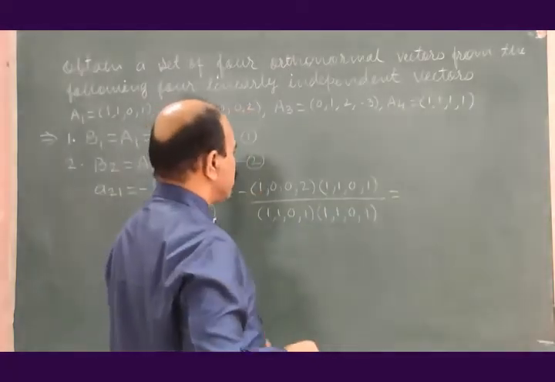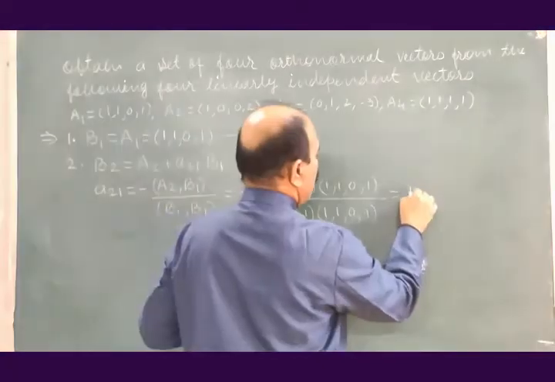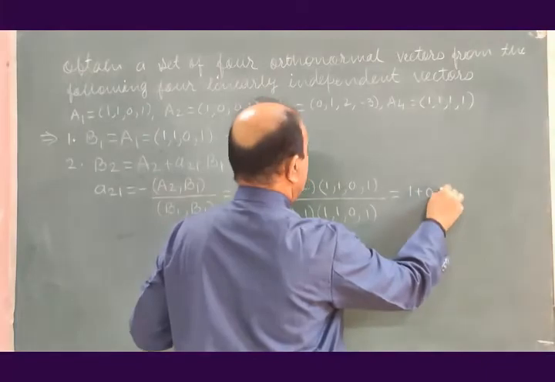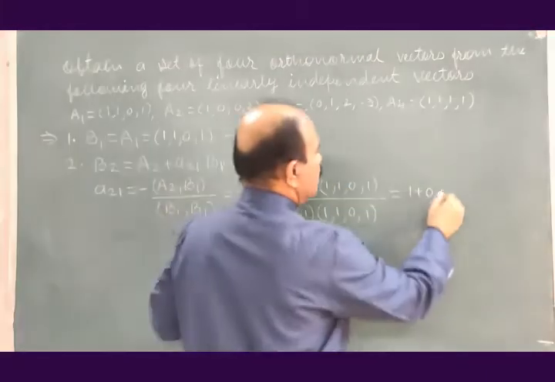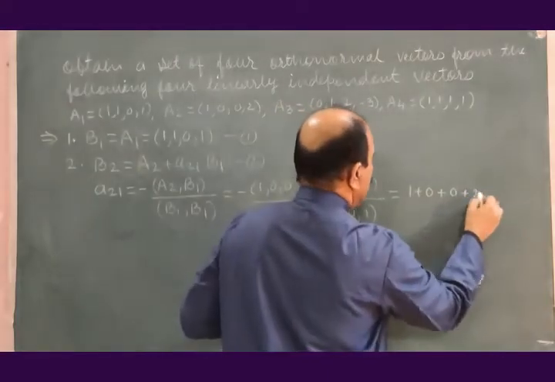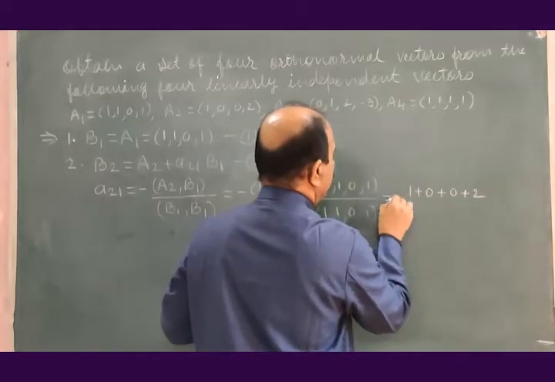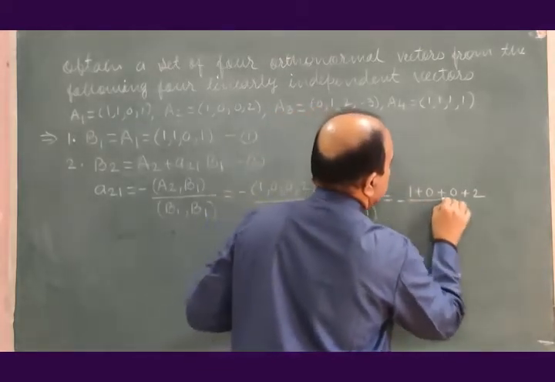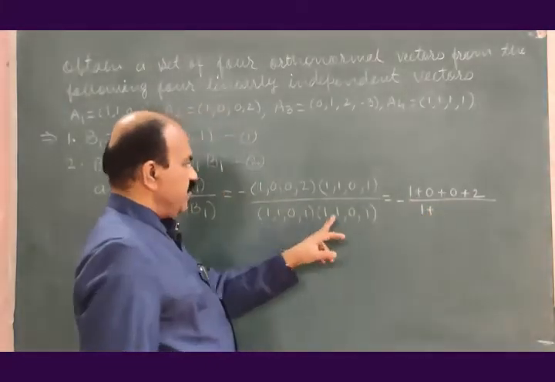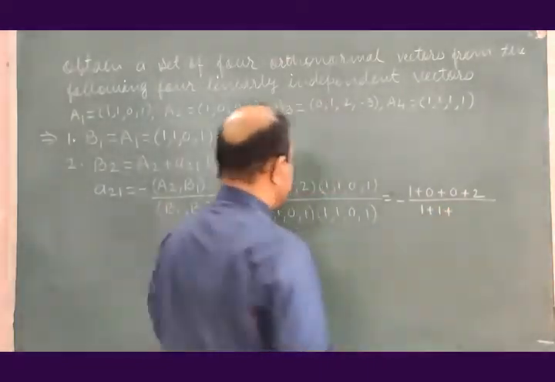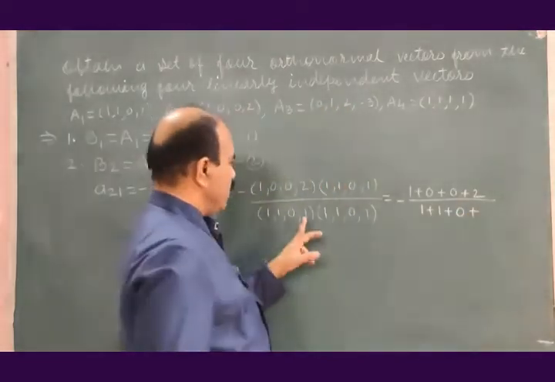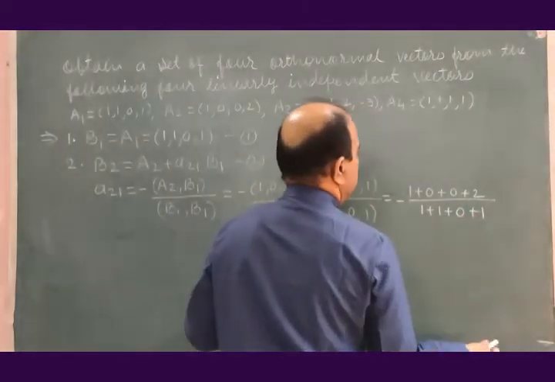This is equal to minus of 1 into 1 (1) plus 0 into 1 (0) plus 0 into 0 (0) plus 2 into 1 (2), divided by 1 into 1 (1) plus 1 into 1 (1) plus 0 into 0 (0) plus 1 into 1 (1).